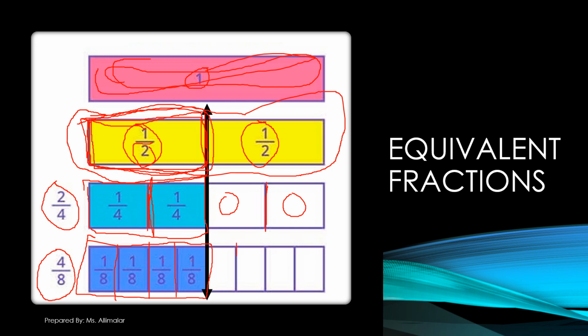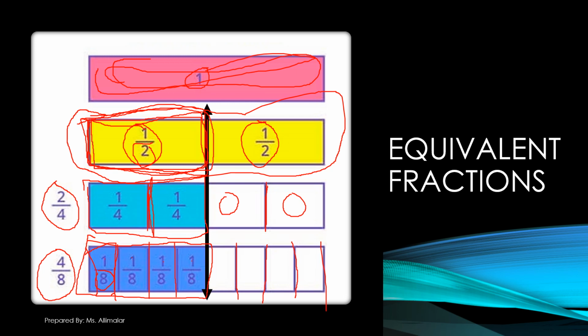This one, 5, 6, 7, 8. How many parts, guys? 8 parts. That is the reason you have 8 at the bottom here. Why you have 1 here? Because out of 8 parts, this is 1 part. So that is the reason you have 1 over 8 here.